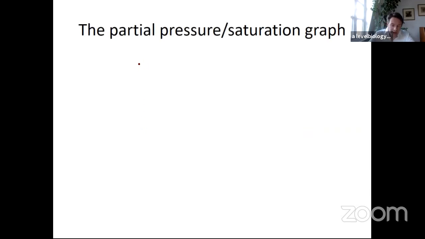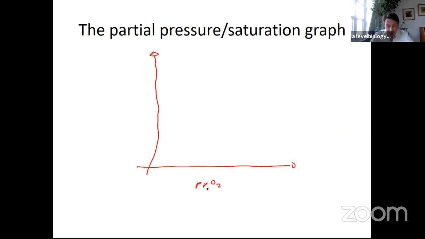Now, understanding the partial pressure saturation graph, students, I think, fail to accurately realize what the graph is showing. So what they do is they get different partial pressures of oxygen and they bubble it through blood. So you might get a partial pressure of 1, you bubble it through blood, and you measure the percentage saturation, which is how much of all of the oxygen that the hemoglobin could be carrying, how much is it carrying?